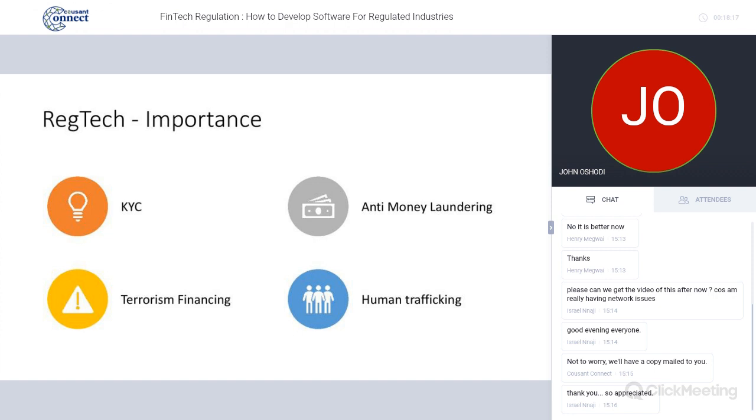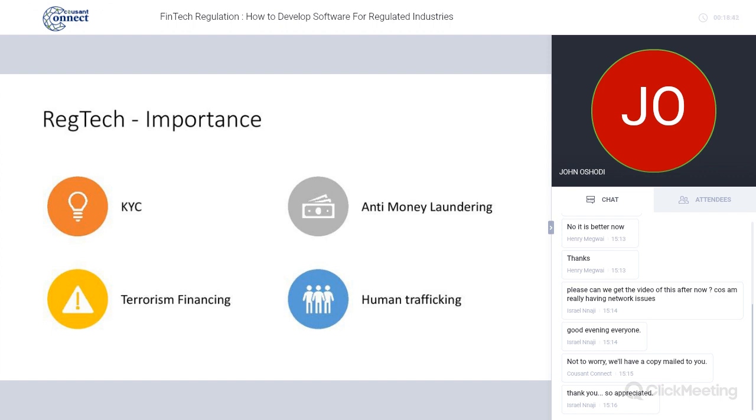if you're onboarding customers in your application, you need to know what type of person they are. Are they politically exposed people? Do they pose a risk to your organization?